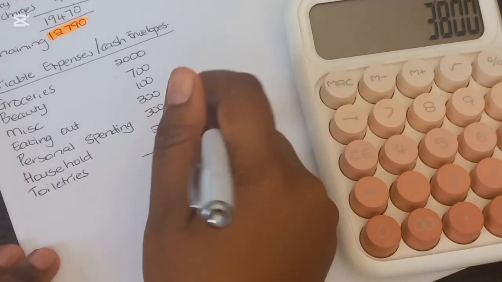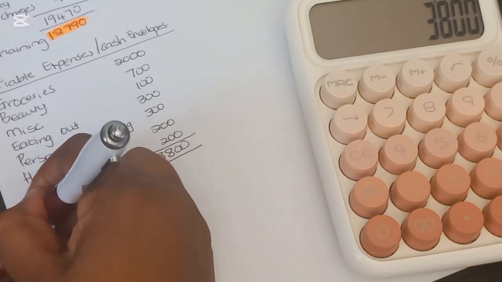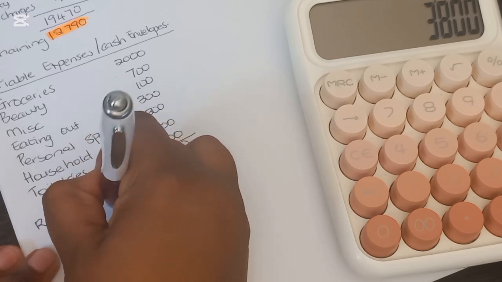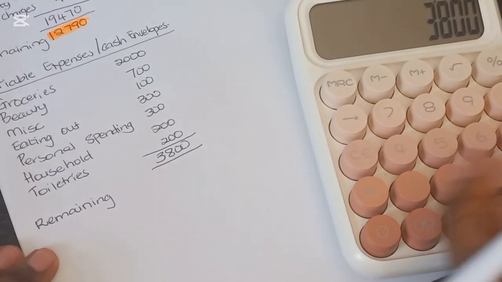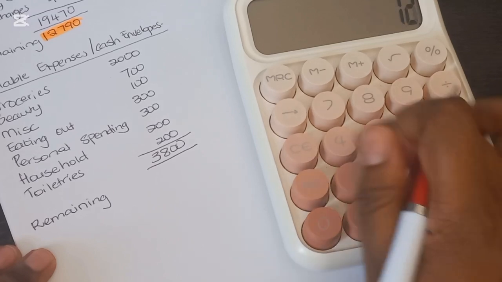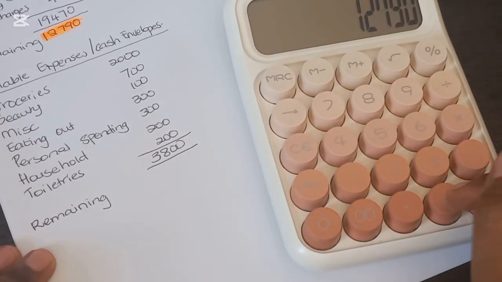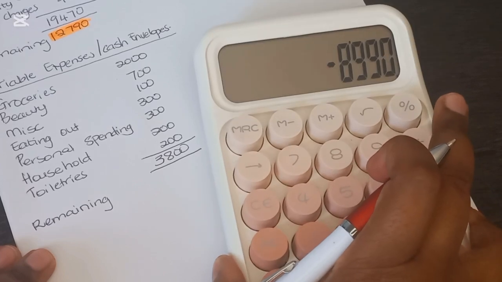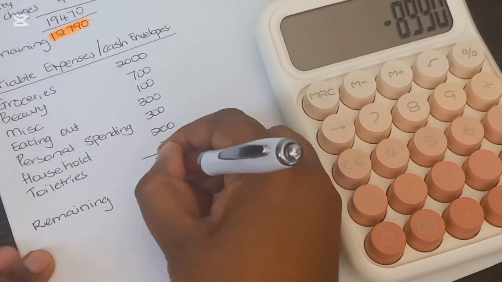So I know I'm going to spend 3,800 in my cash envelopes, and I now have 8,990 remaining.